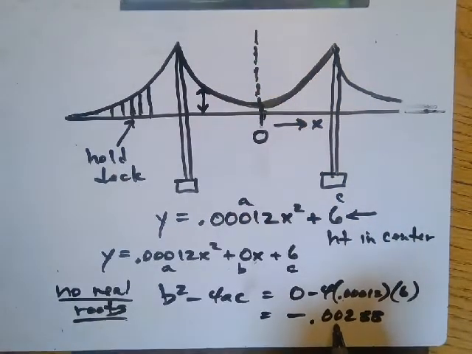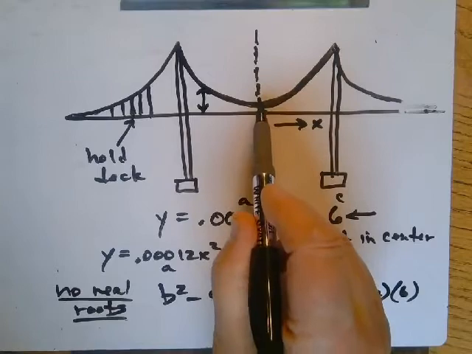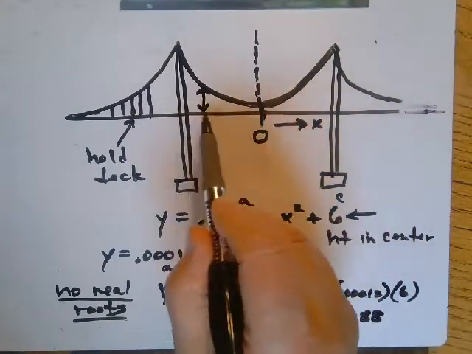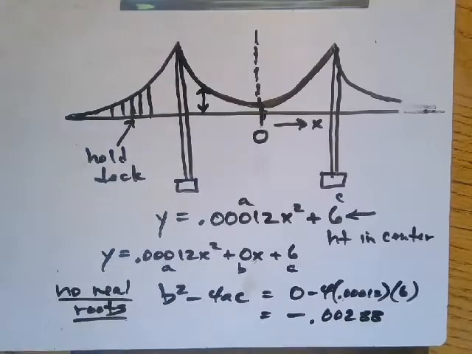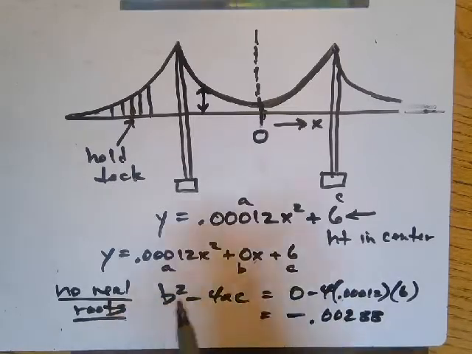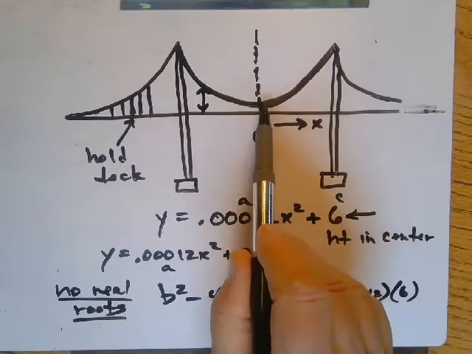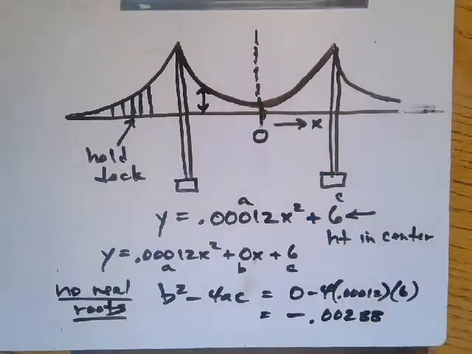If the discriminant is negative, the parabola will never touch the roadway. It's actually suspended above the roadway there. That's all there was to this problem. Basically, our discriminant is negative, which tells us there's no real roots. Consequently, the parabola never touches the roadway.